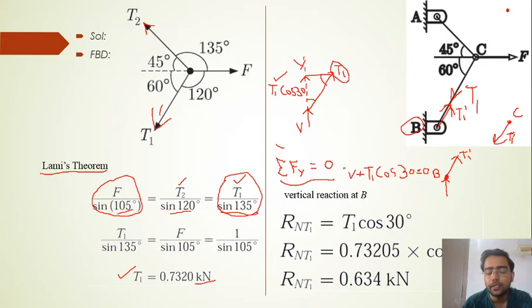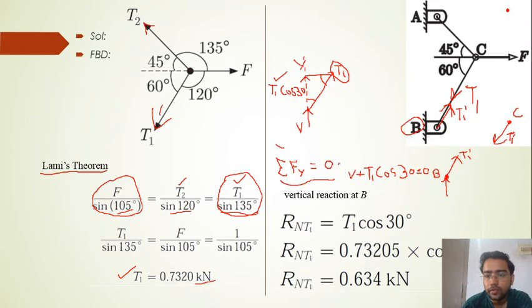So you just pay concentration that this time we have taken only point B, right? We have just made free body diagram of point B, right? So we have just isolated point B out and then have made all the free body diagram, all the forces that are acting over point B, right? And then we apply sigma Fy is equal to 0. Okay, from here we can find out V, that will be equal to minus T1 cos 30.